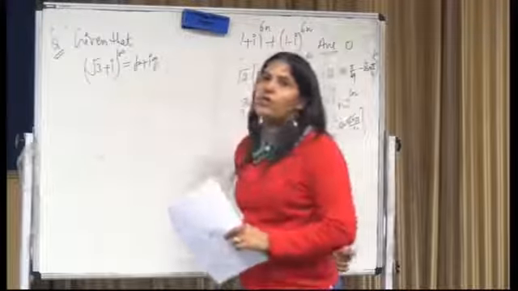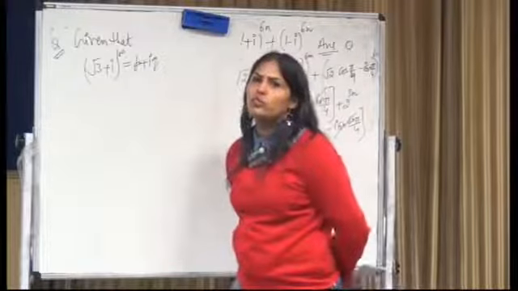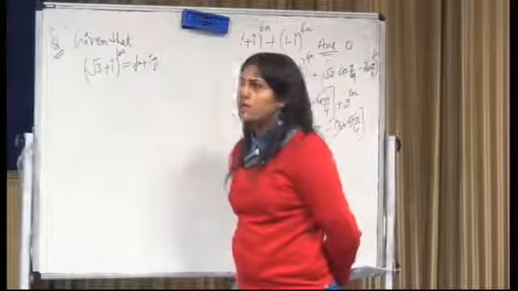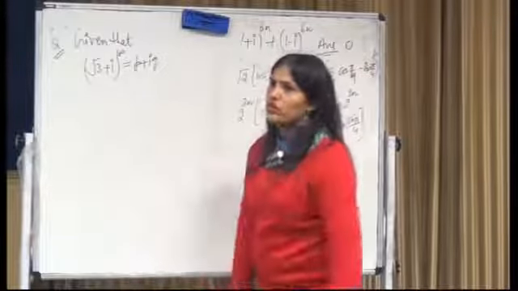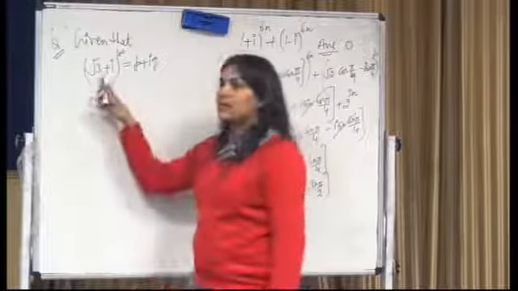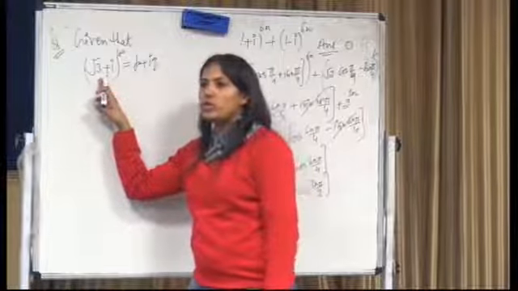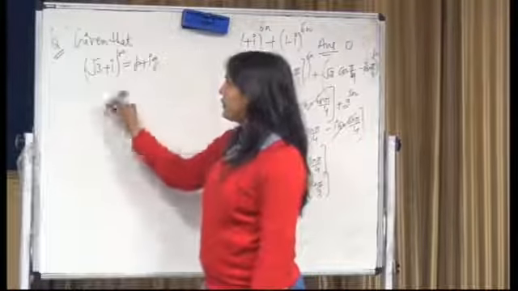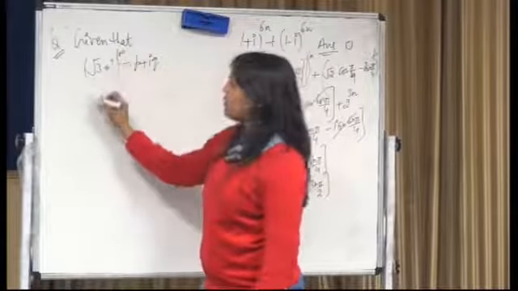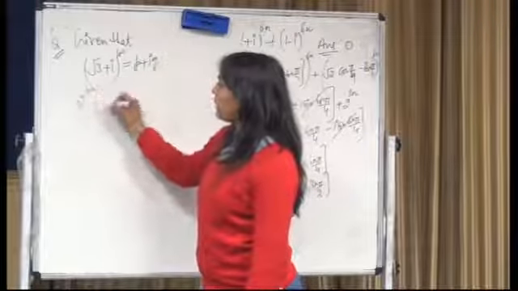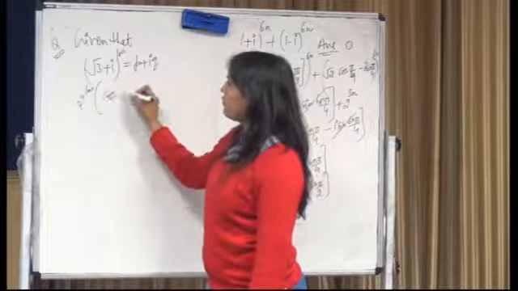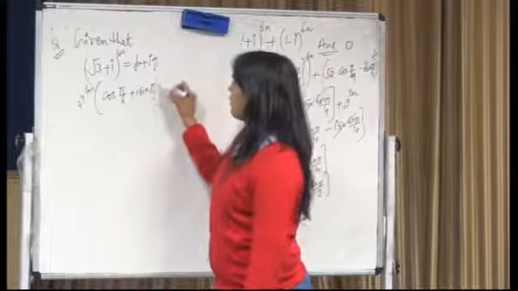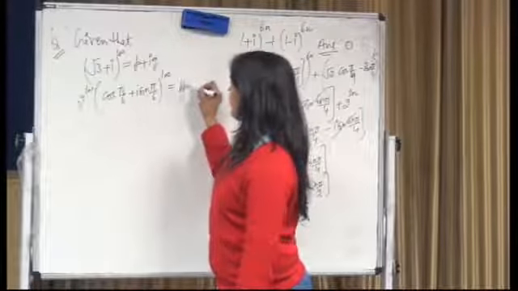How you will move now? Tell me. There are two methods now. Which one is the better one? De Moivre's. Now change it quickly. So when you change it by de Moivre's or polar form, it will be 2 to the power 100, then cos of pi by 6 plus iota sine, equal to 2 to the power 100 p plus iota q.